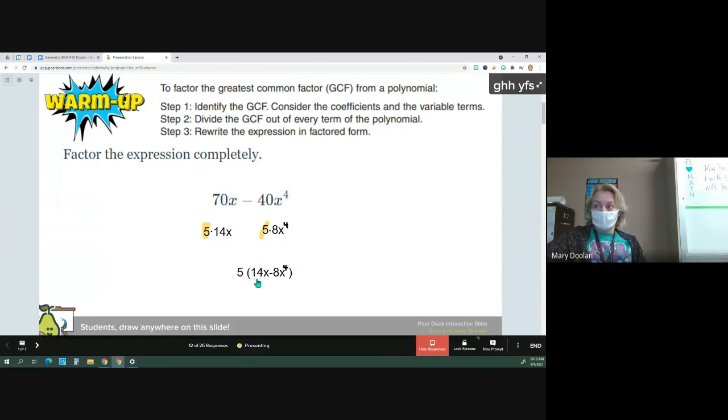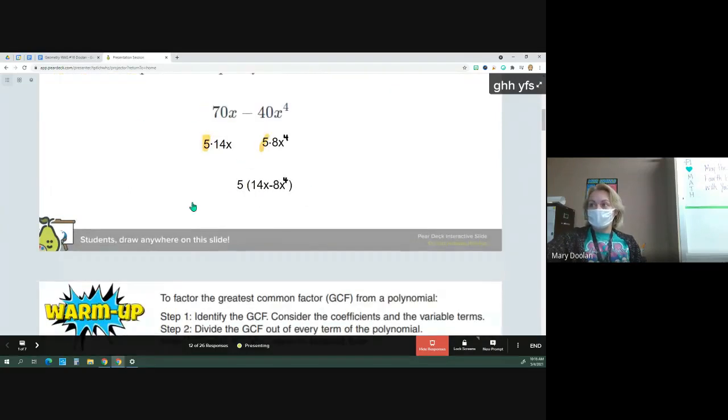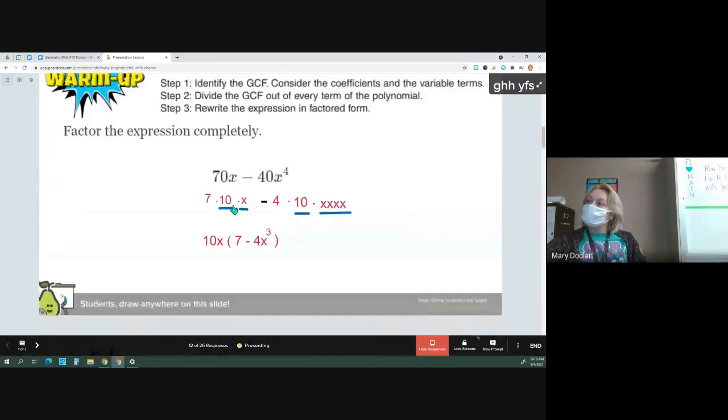But if you look at what's still left here, there's some more commonality between these two terms that we can also factor out. So this is not wrong, it's just incomplete. This person wrote this out as 7 times 10 times x minus 4 times 10 times all those x's, 4 of them.